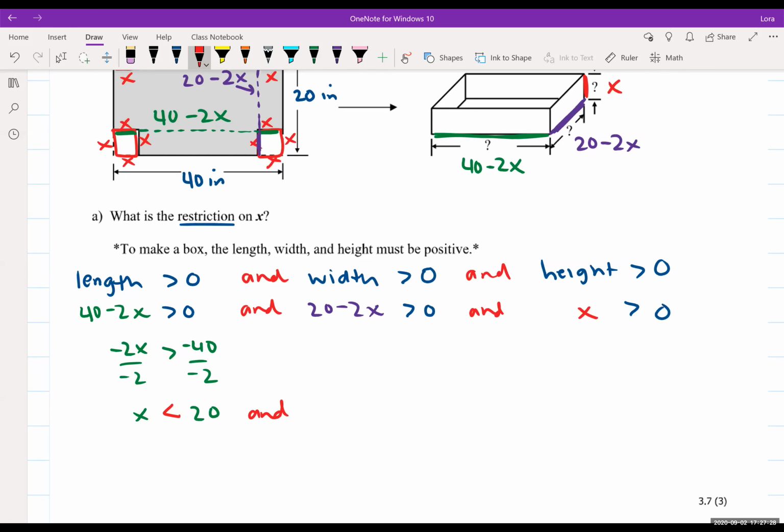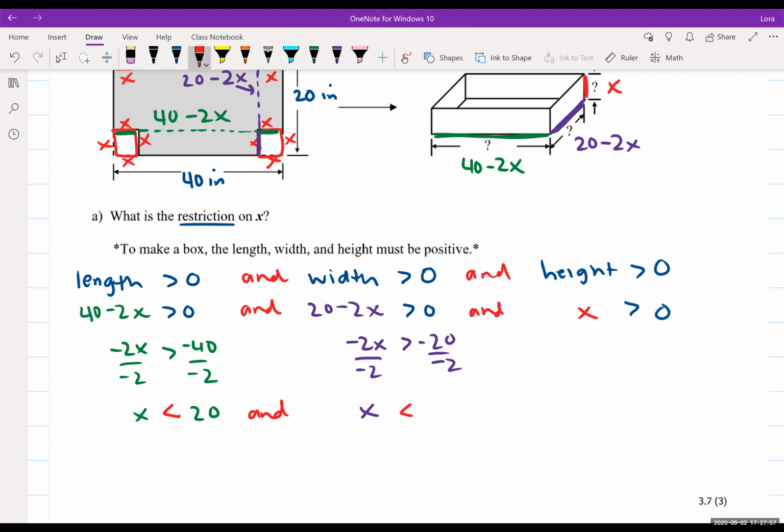And we'll do the same thing for the width. I'm going to subtract 20 on both sides, so that's negative 2x is greater than negative 20. If I divide by negative 2 on both sides, I have the inequality symbol reversed once again. And negative 20 divided by negative 2 is 10. And you know, sometimes you get fractions or decimals. Go with it. In real life, you get fractions and decimals.